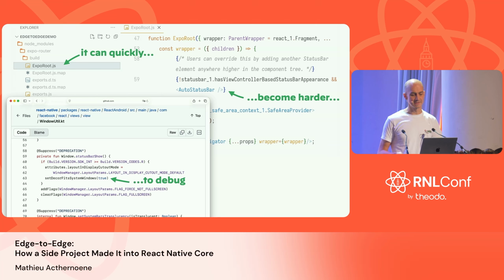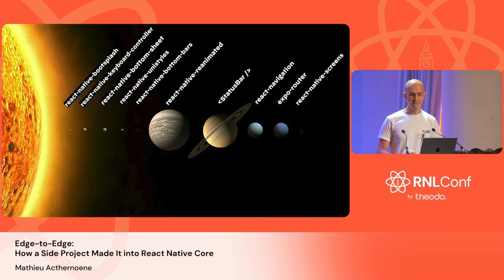Except that on the native side, it turns out that React Native's status bar method was calling setDecorFitsSystemWindows with true. So it was disabling edge-to-edge. In the end, for React Native apps, getting edge-to-edge to actually work felt like a complete blind alignment.